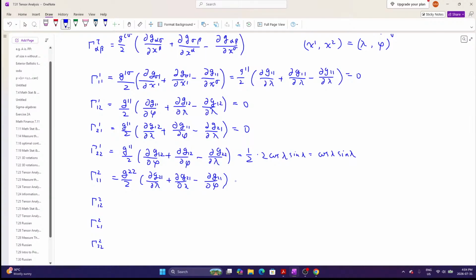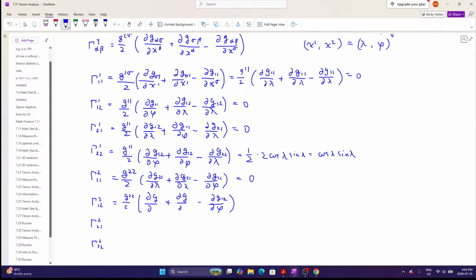This is 0, either because the off-diagonal term g21 is 0 and g11 is a constant. All right, so the next term would be half of g22 dg something over d something minus dg over d something. Here you should put phi and 1, 2.